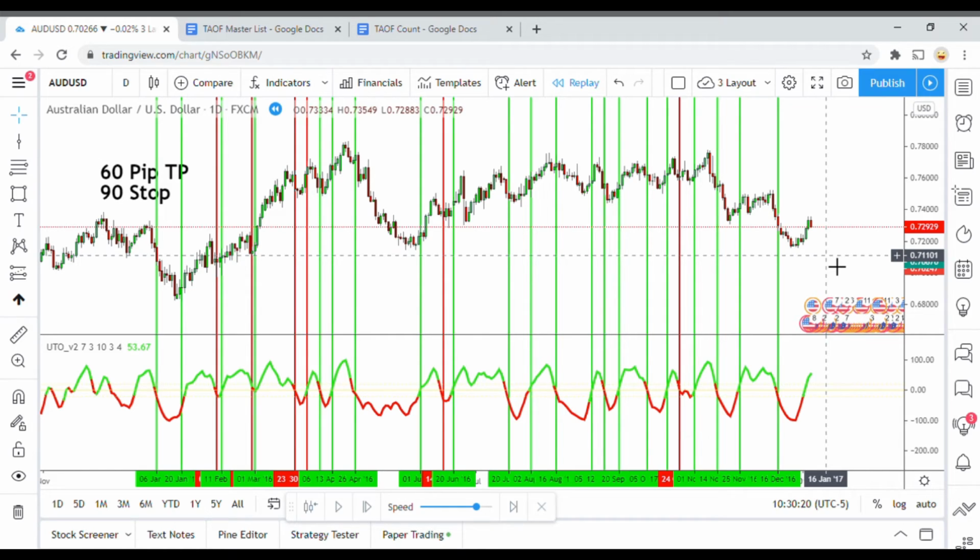Yeah, that's interesting. I didn't expect it to do that well, but it did. I'm curious as to whether or not this might be a repainting indicator, but even at that, it didn't seem like it.